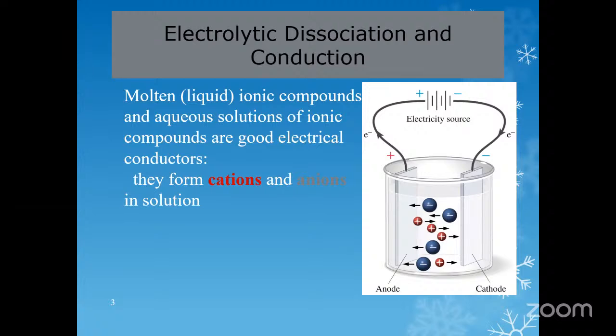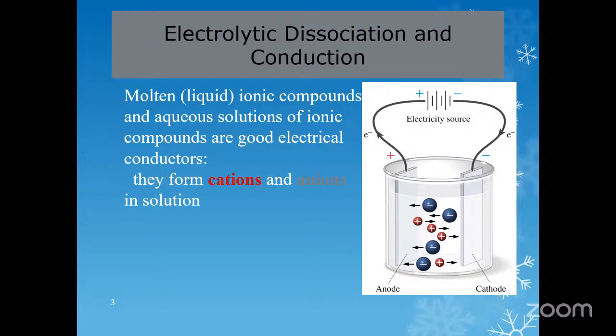That is no less true for this situation here. What is being shown is either a molten ionic compound or the ionic compound dissolved in water. The ions are free to move around, and then you have two metal plates called electrodes, which are connected to an electricity source. So you basically have an electric current. I don't know if you know this, if you haven't done any physics before.